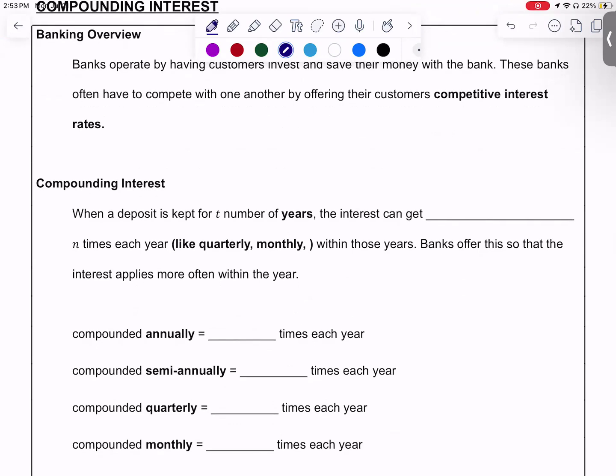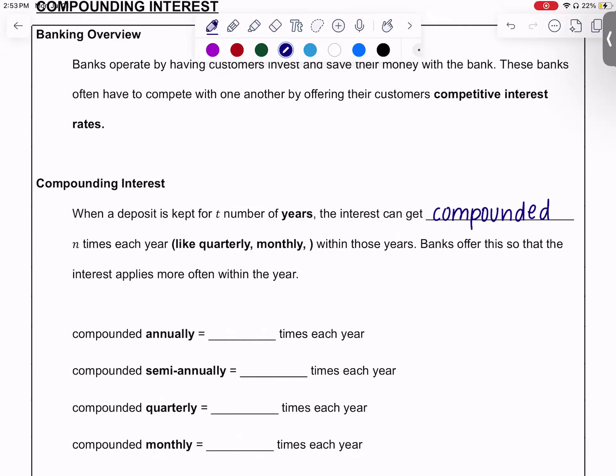Some banks will offer compounding interest. Let's read it together. When a deposit is kept for T number of years, the interest can get compounded N times or X amount of times each year, such as quarterly, monthly, semi-annually, within those years.